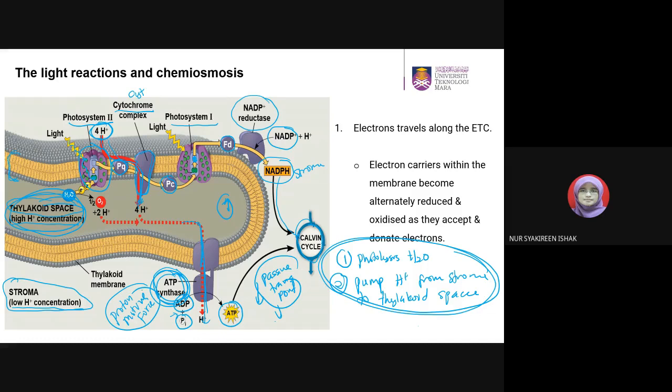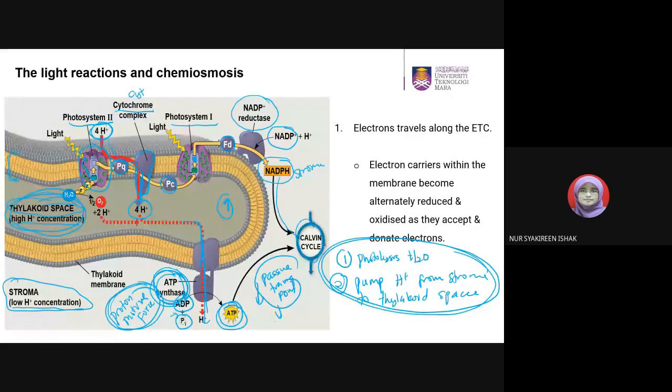So the energy comes from the movement of hydrogen ions from high concentration to low concentration, which is the proton motive force. Pergerakan tu adalah sejenis potential energy, which is proton motive force. Okay, so that is basically chemiosmosis lah. Okay, so untuk synthesize one ATP molecule, it requires 4 hydrogen ions to diffuse through ATP synthase.